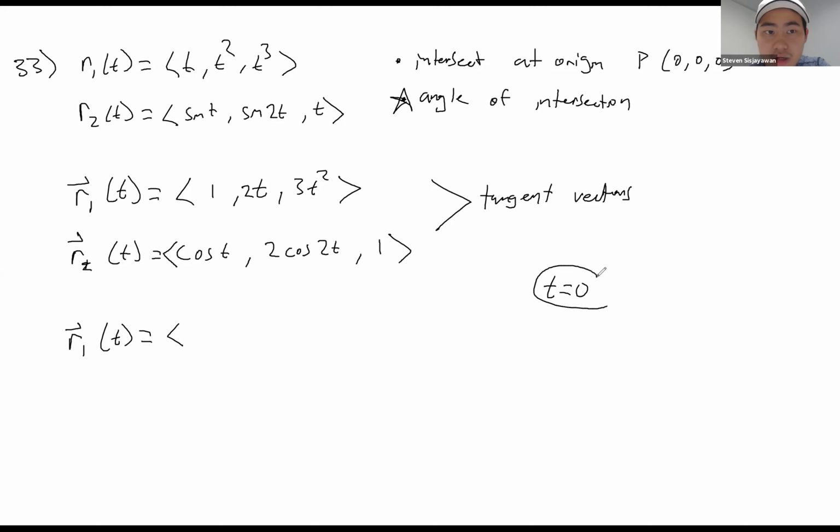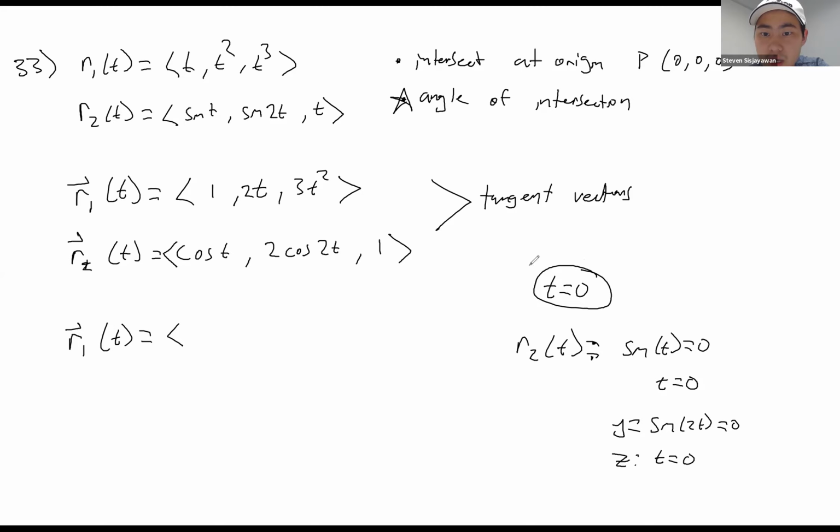For R2 of t, we have sine t equaling 0, and it's possible for t equal to 0. For the y component, sine 2t has to be equal to 0, and when t is 0 that's valid. For the z component, t has to be 0. So time equal to 0 is a valid time for both R1 and R2.